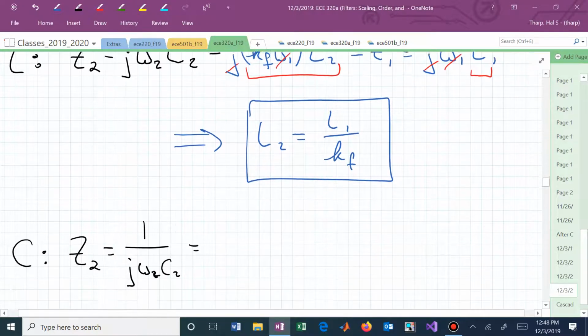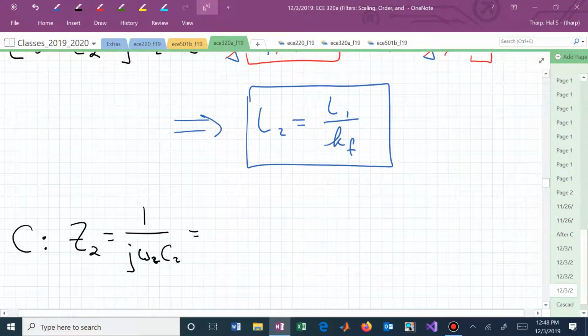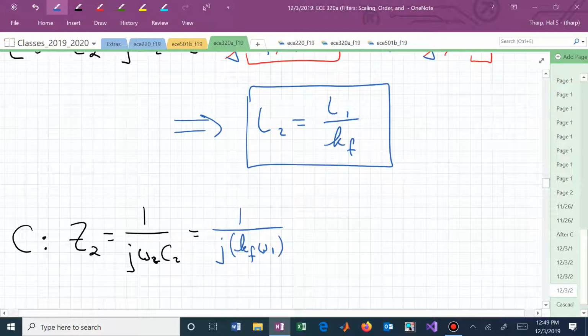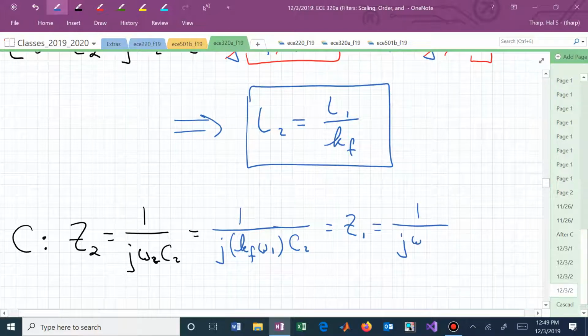Let's do the capacitor next. Here's C. We can do the same strategy. It's 1 over j omega C, and Z sub 2 now involves omega 2 and C2. Now we replace omega sub 2 with K sub f omega 1, and we want that to equal Z sub 1, which is 1 over j omega 1 C1.